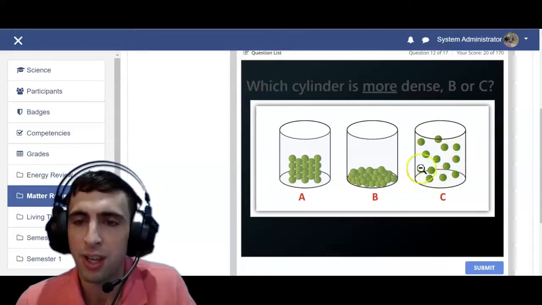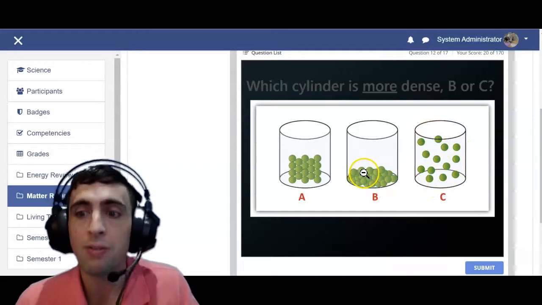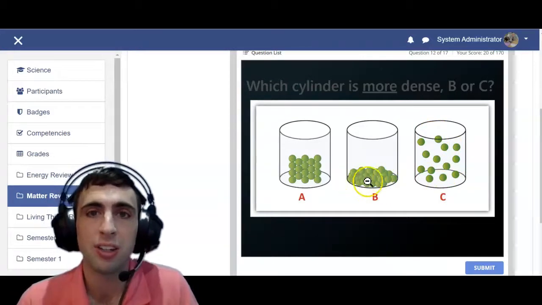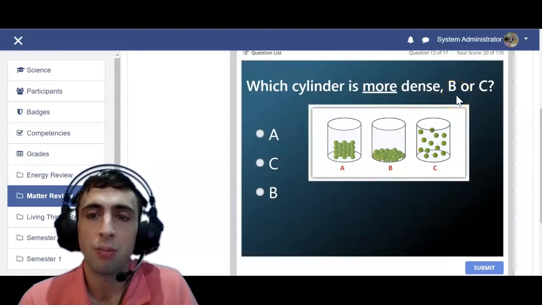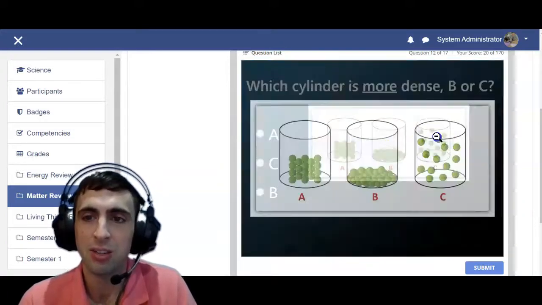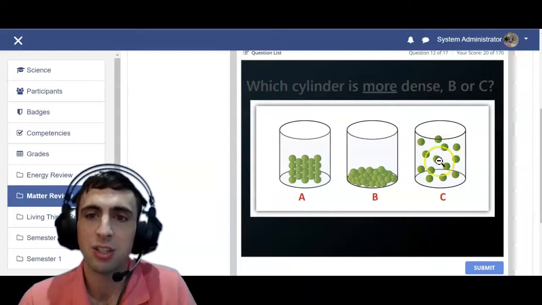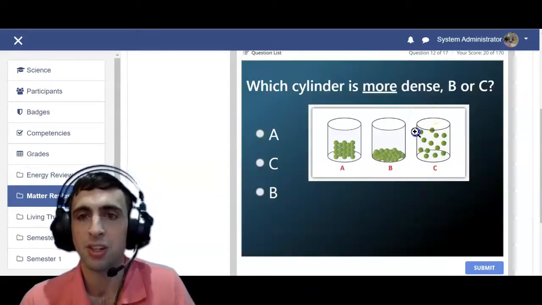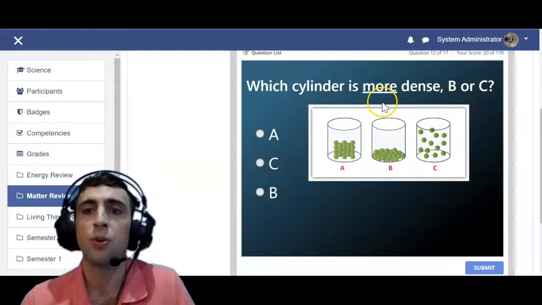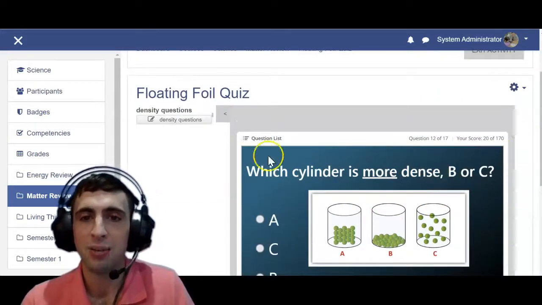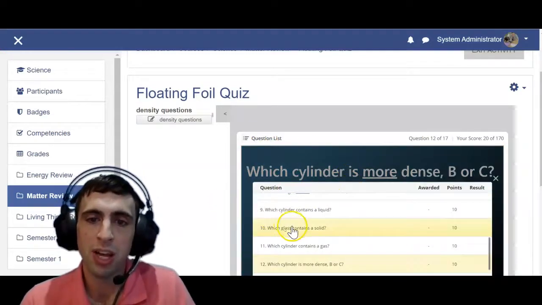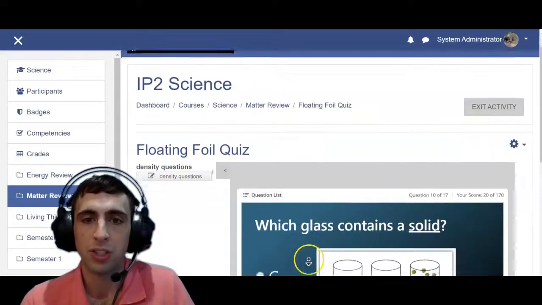And in B, they are very close together. So I would say the particles in B are more dense. They are closer together. In cylinder C, they are far apart. So B is more dense than C. You can answer that by yourself. And we'll go down to our questions.